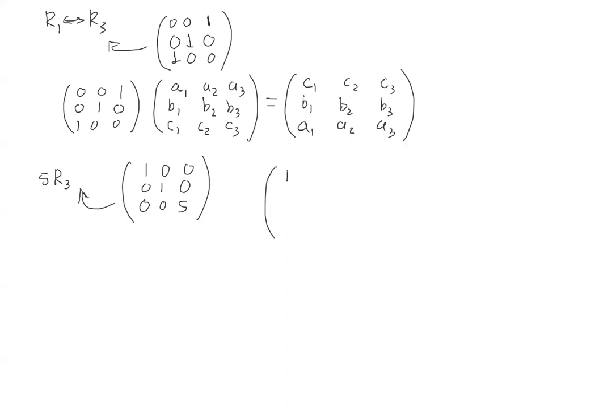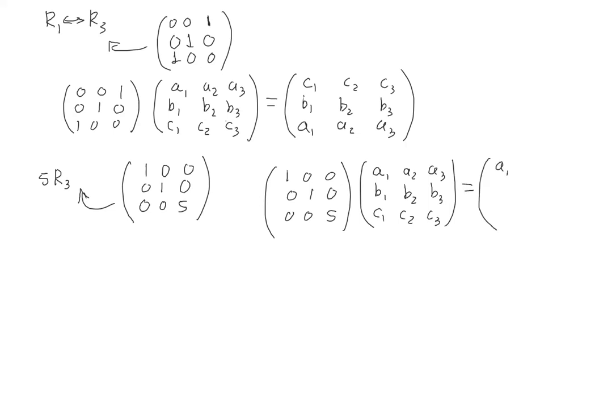If you do 1, 0, 0, 0, 1, 0, 0, 0, 5, then times A1, A2, A3, B1, B2, B3, C1, C2, C3, then what we get is A1, A2, A3, B1, B2, B3, none of this changes, and then finally you will get 5C1, 5C2, 5C3.